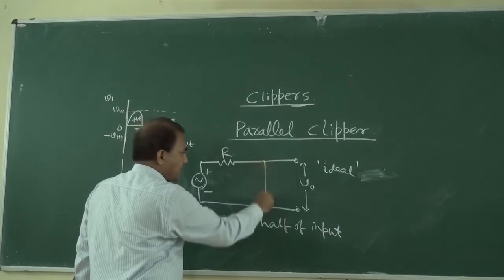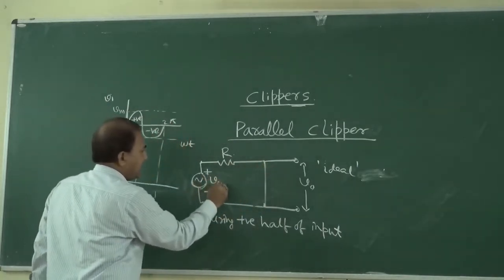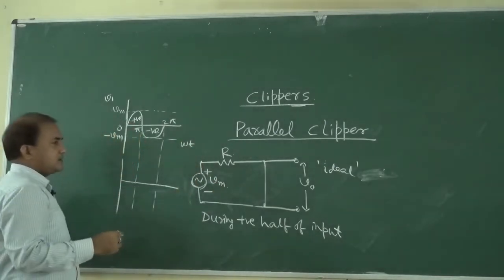So if the diode is replaced with a short, what will happen? This is say Vm.